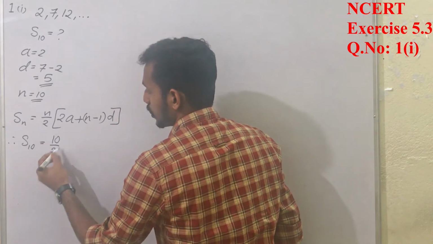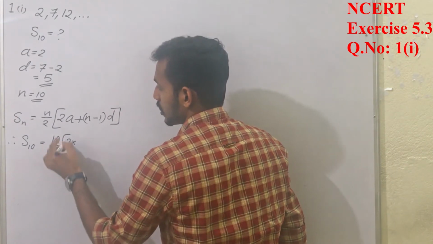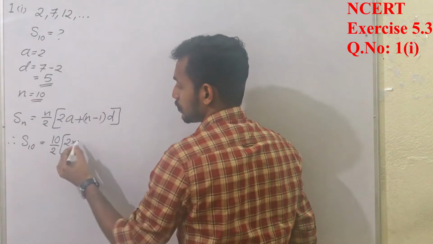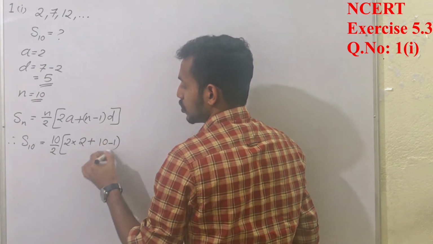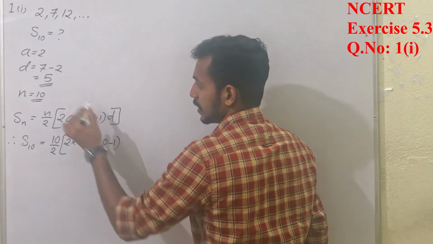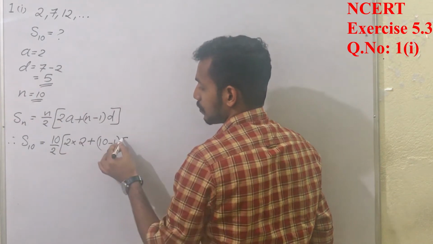Therefore S10 is equal to, what is n? 10 divided by 2 into (2 into a, where a is 2, plus (10 minus 1) into d). What is d? d is 5.